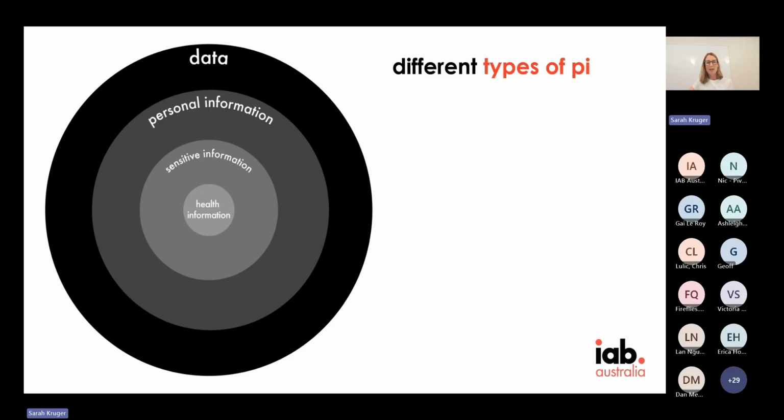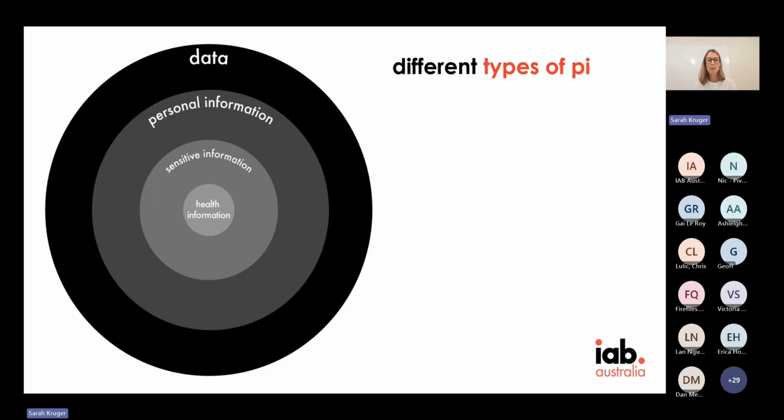So the different types of PI. As we just looked at, PI is information or opinion about an individual who is identified or identifiable. PI is a subset of data more broadly. So you can see from these concentric circles, you've got the pool of data.